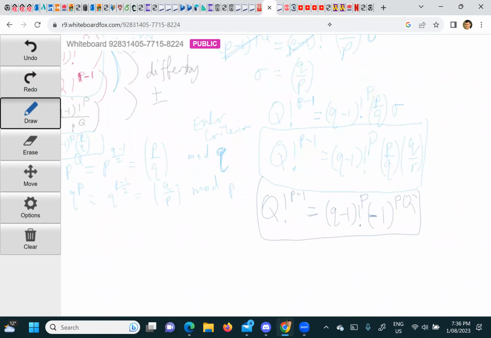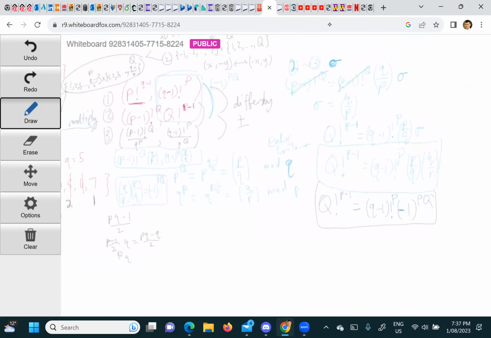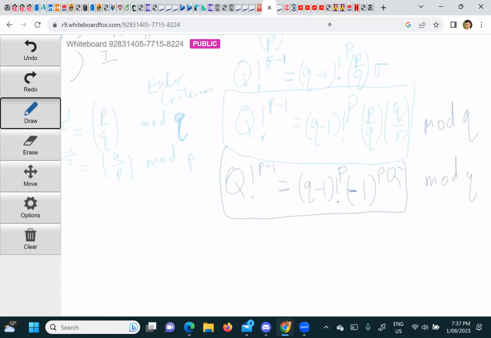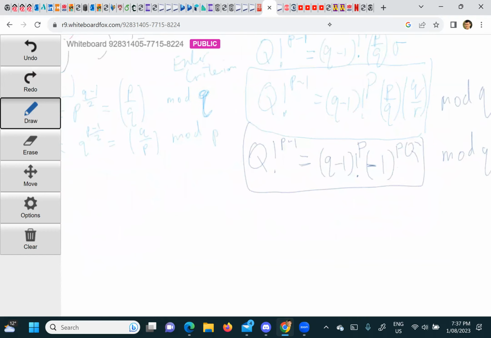I should emphasize the second equation is gotten from the second entry, which is true mod Q. And we got this from 1 and 2 in the second entry, which is also mod Q. So the conclusion does hold mod Q. So we got quadratic reciprocity, but only mod Q. We could do the same thing with mod P, but you don't need it, because once you have it mod Q, it's just plus or minus 1.